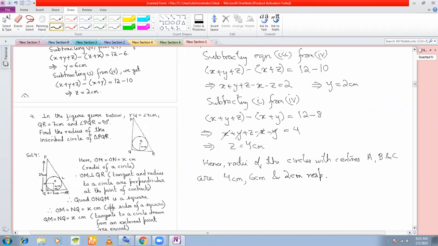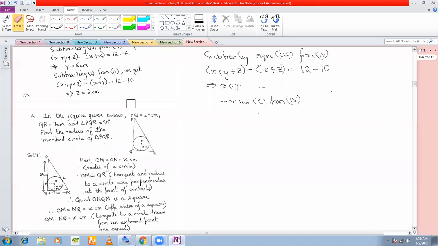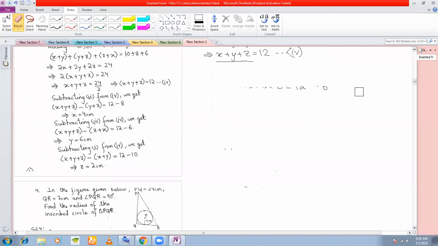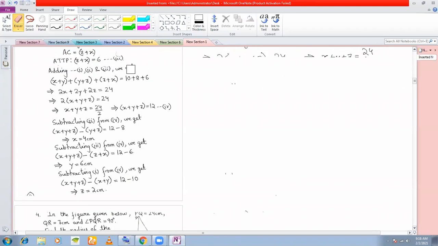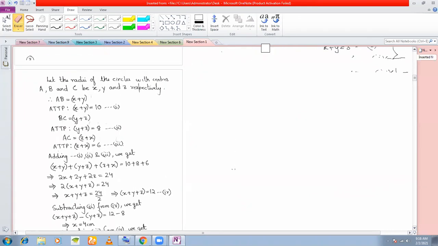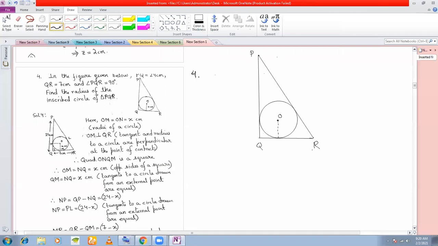Okay, let's do the next question, number 4. In the figure given below, this is the figure given, and x centimeters is given to you here.